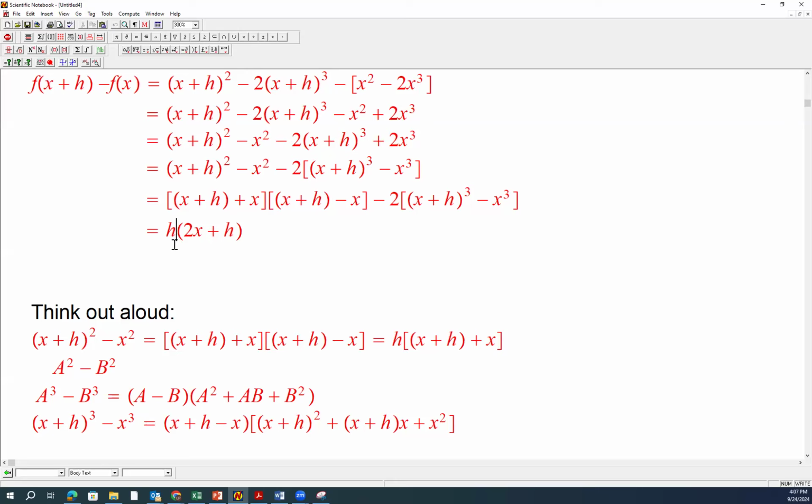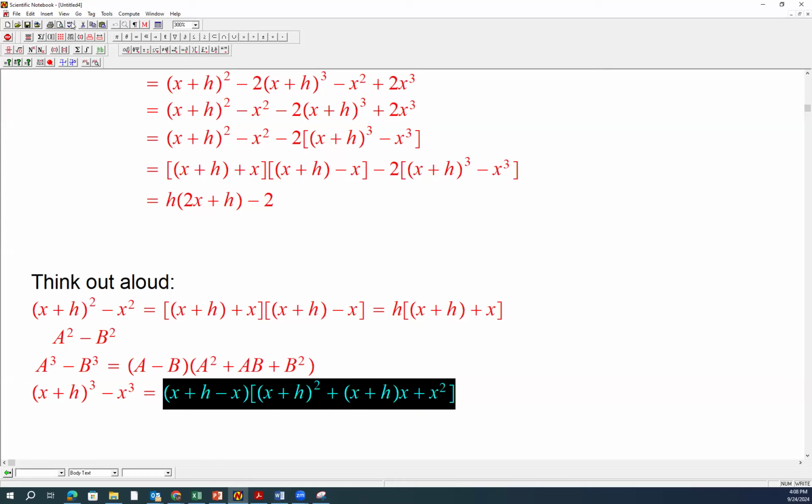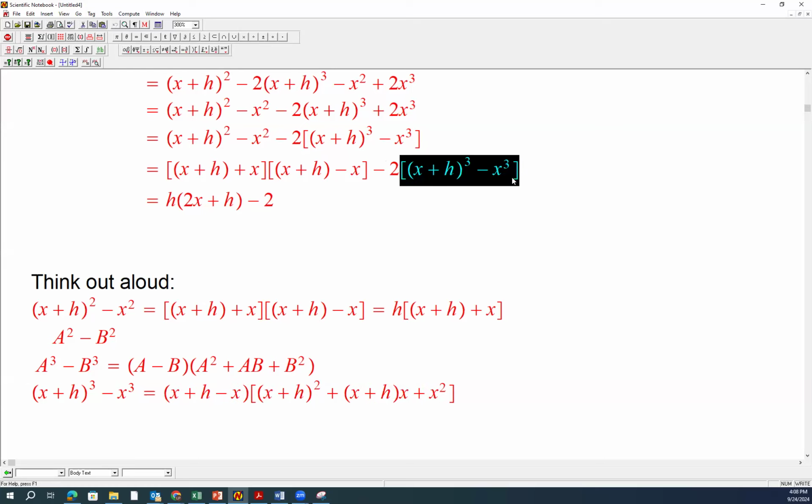So I'm going to put the h in the front, subtracting 2 times, I'm working on this bracket. I'm going to replace that bracket by this piece, the factored form.